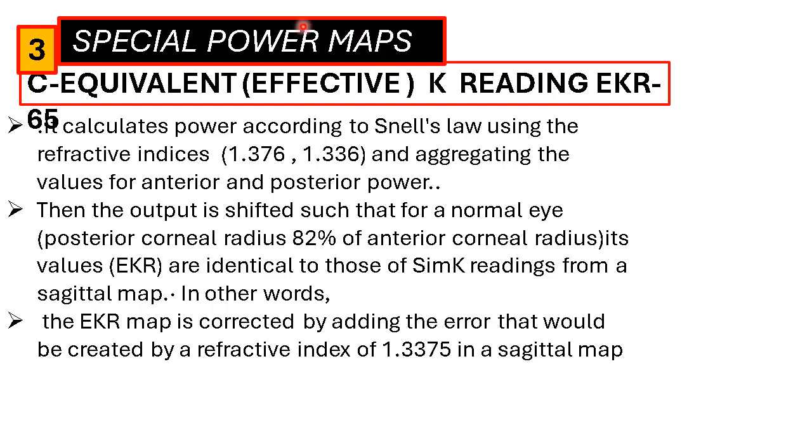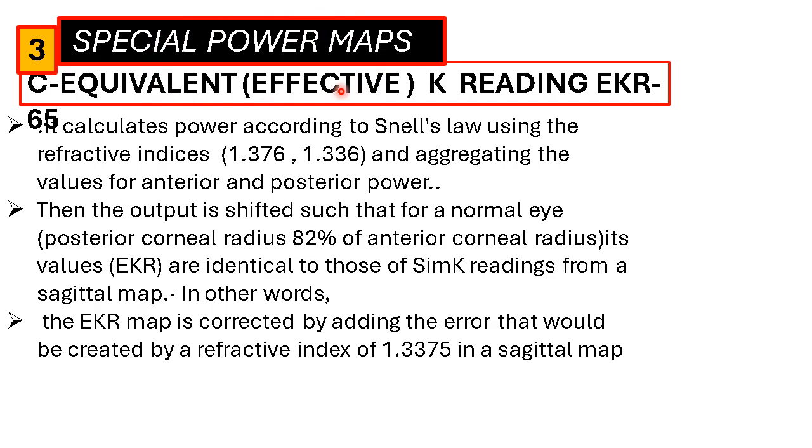So by effective K reading, we mean that we have a K reading corrected for the errors made by those surgical interventions, so that this K reading is the most likely accurate K reading that should be used in that calculation. Another thing, by the use of the effective K reading, you don't need to use any A constant for any particular type of intraocular lenses. And I will explain later what's the meaning of 65, but this is the main application of the effective K reading and its meaning.